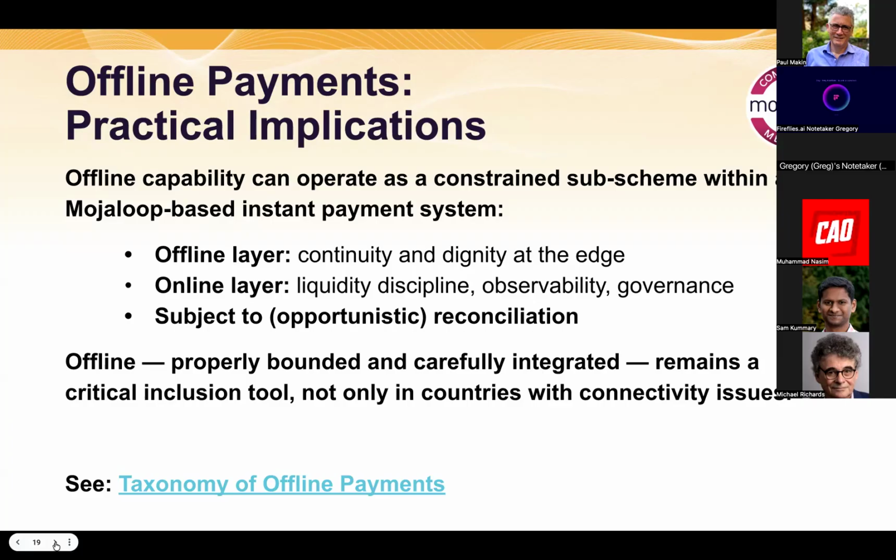And it has to be subject to some form of reconciliation. So we think we can work with an offline scheme. We are never going to be an offline scheme, but we already offer the cash in, cash out capability. And anyone who knows anything about offline payments knows that that's where offline payments integrates to an online system, because that's what an ATM is ultimately.